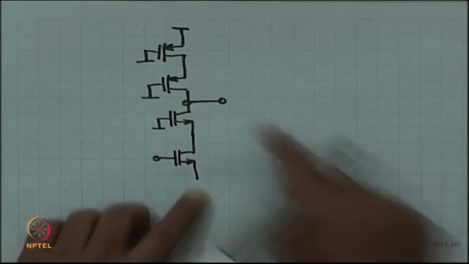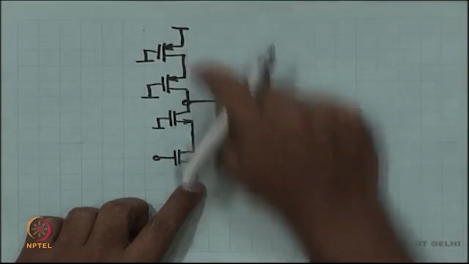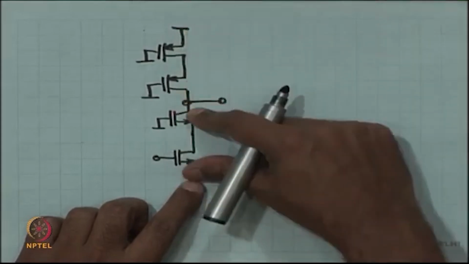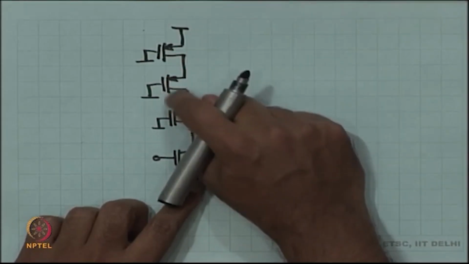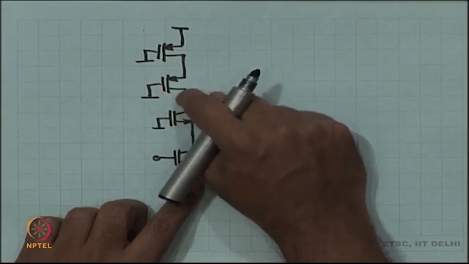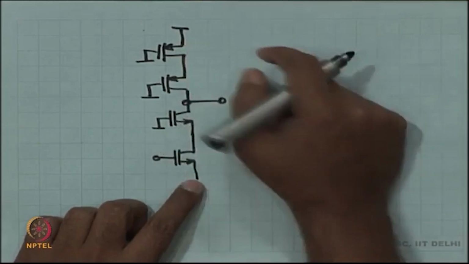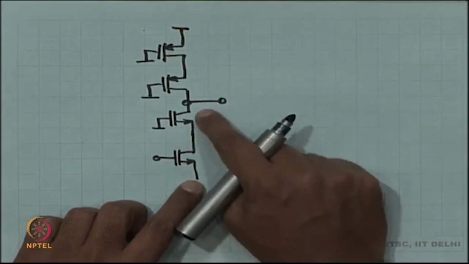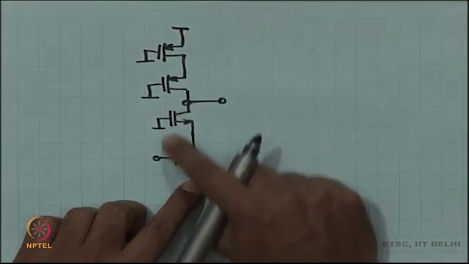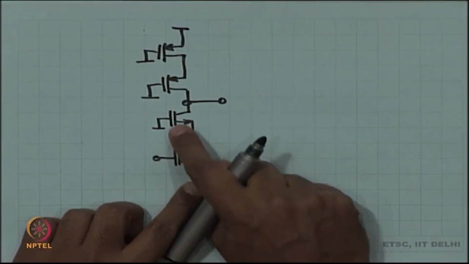Second experiment is output impedance. When you look in from the output, you can look upwards, you can look downwards. So, it is the up resistance in parallel with the down resistance. The up portion of the resistance is intrinsic gain of this MOSFET times RDS of the second one plus RDS of the first one. Okay. That is the up resistance, and the down resistance is intrinsic gain of this MOSFET times RDS of the second one plus RDS of the first one.